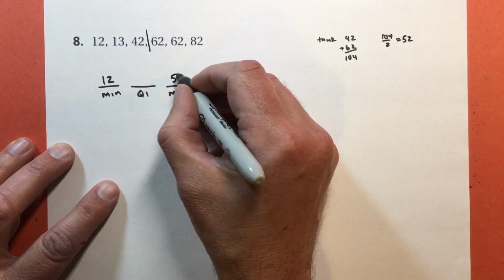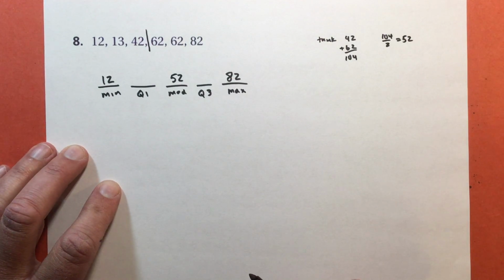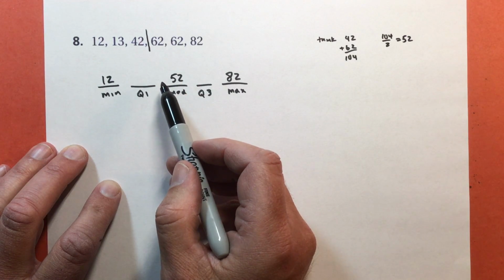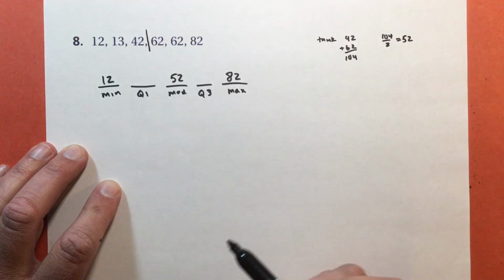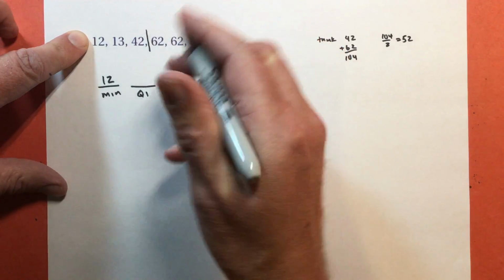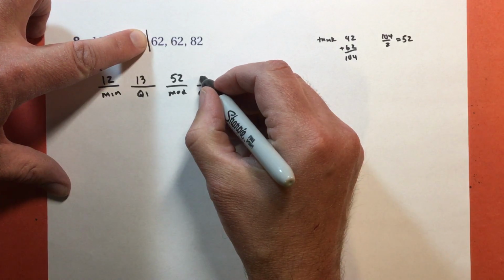So the number in the middle between 42 and 62 is going to be 52, which actually kind of makes sense. The ones position are all 2s, and then what's between 4 and 6? That'd be 5. All right, so what's the number in the middle here? 13. And what's the number in the middle here? 62.